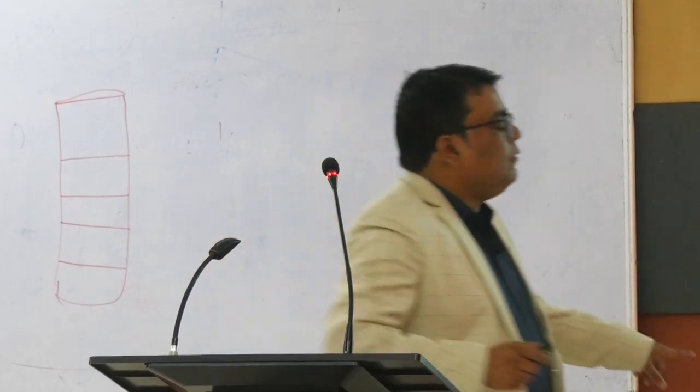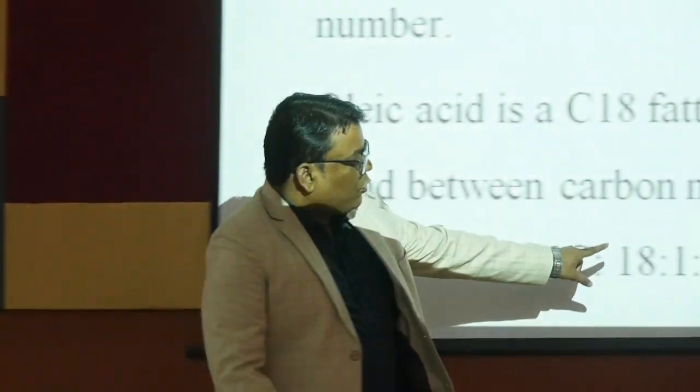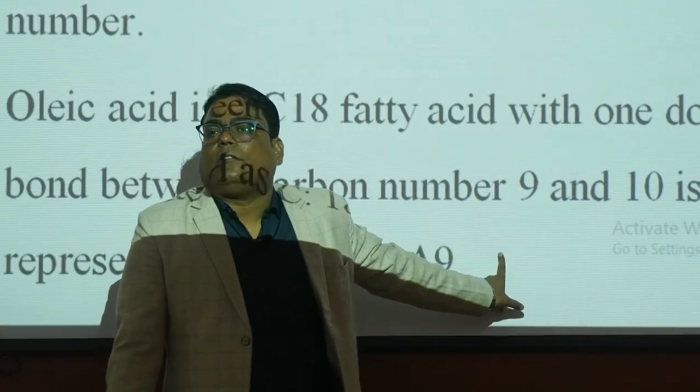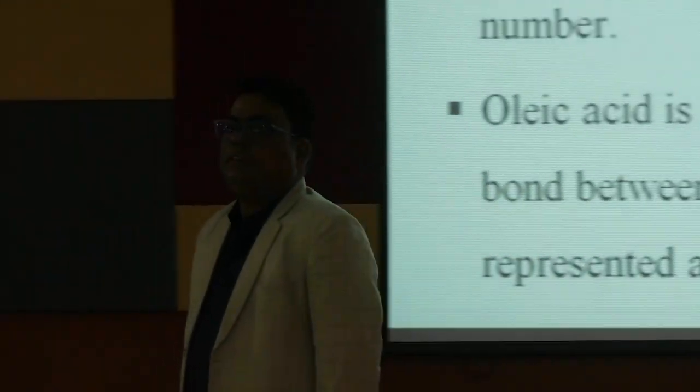If I represent C16:2 delta 9 and delta 7, what is the meaning of that? It means it contains a 16 carbon fatty acid chain with double bonds between 6 and 7, and 9 and 10.